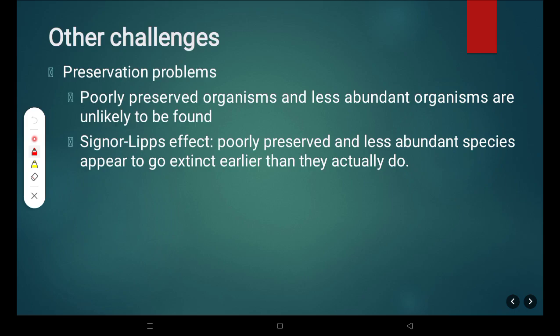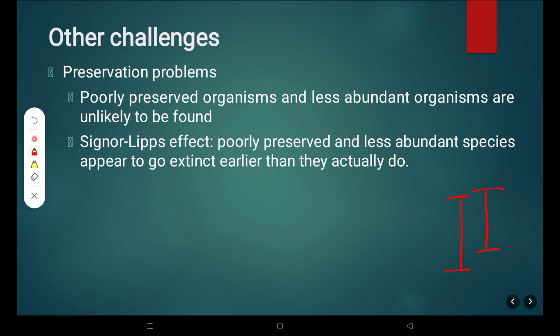Then other challenges are the preservation problem. Poorly preserved organisms and less abundant organisms are unlikely to be found. Suppose one fossil has a very hard calcareous shell, so it is preserved very well. But another fossil has a hard part consisting of very soft material, so it got dissolved during deposition or sedimentation.